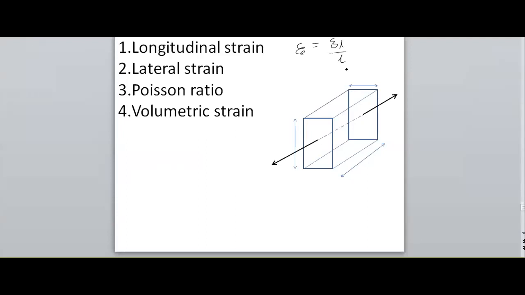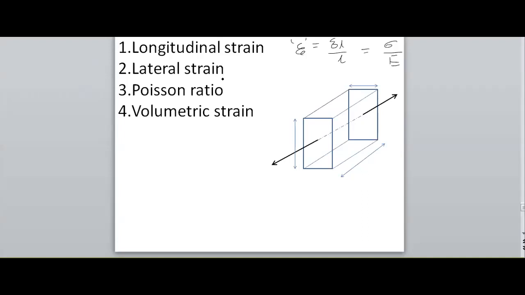It can also be written in terms of stresses, that is, stress by Young's modulus. This we have studied previously. That is longitudinal strain.